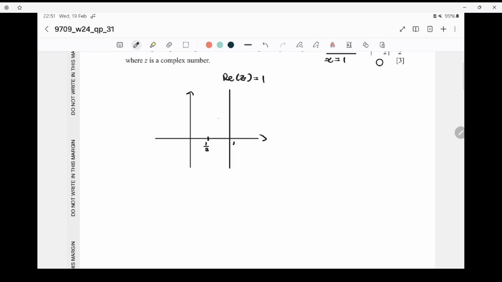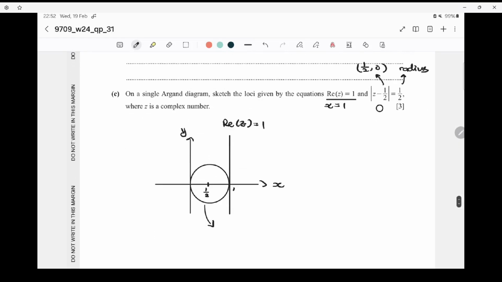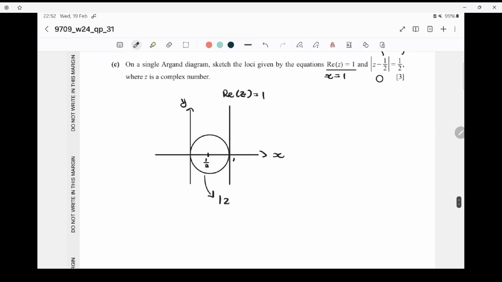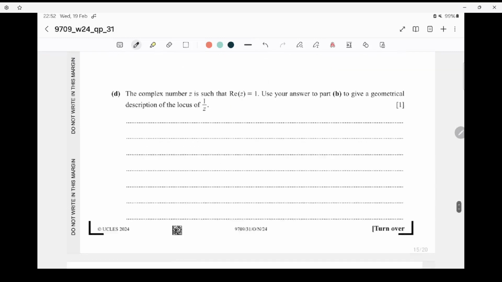So you will have a circle of radius half, centered at that particular point. So this locus will be the modulus of z minus 1 over 2 equals 1 over 2. So that's your sketch.